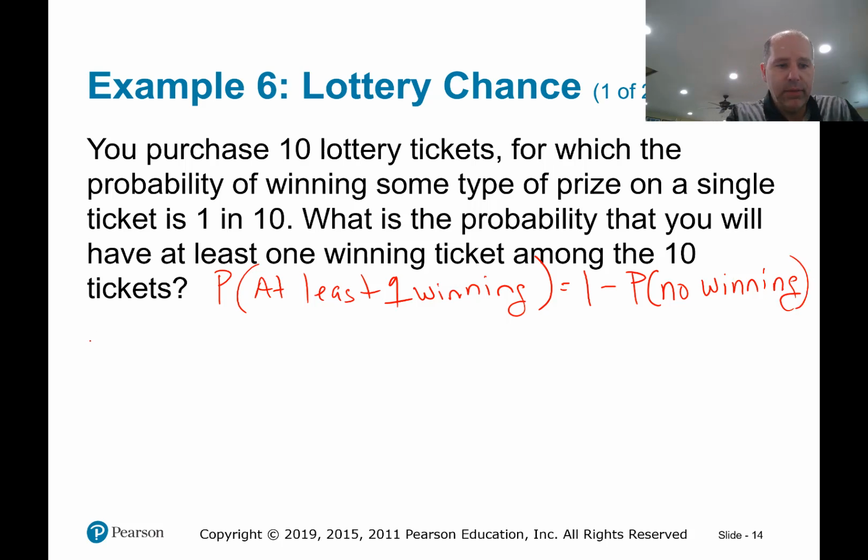And so now, again, we have 10 tickets. Having no winning tickets means that each and every one of the 10 tickets we have is not a winner.